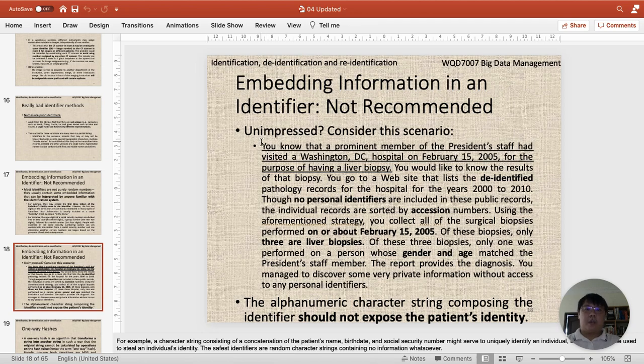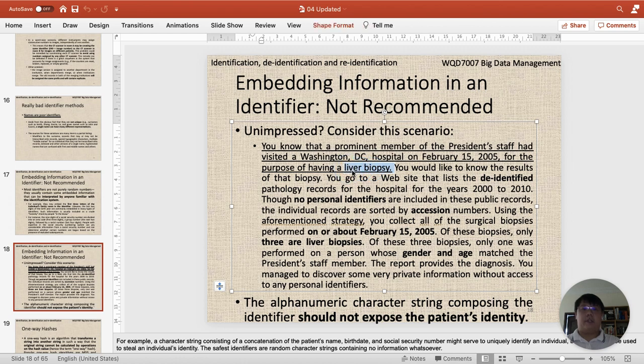You know that a prominent member of the president's staff visited Washington D.C. on February 15, 2005 for the purpose of having a liver biopsy. So you know that you have a specific date, and the liver biopsy, and you really want to know the results of the biopsy, whatever the reason is.